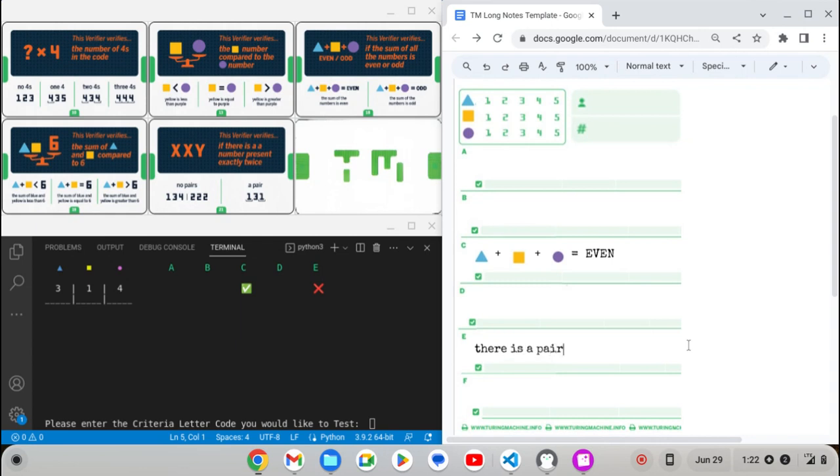Okay, so what that means is that I do have a pair, but we don't quite know if it's even or not. So the pair is even or odd, with an additional even digit.